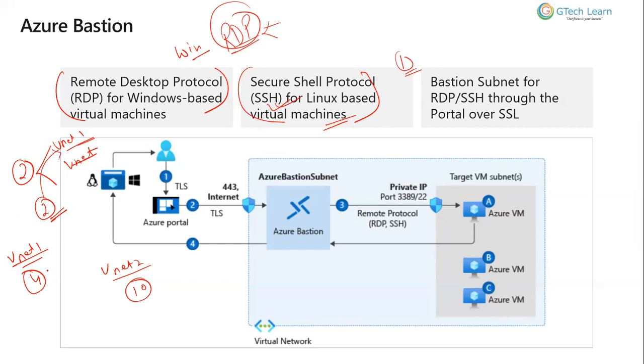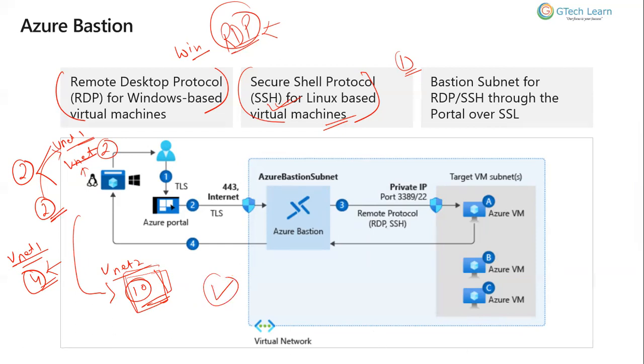The one in VNet 1 is going to be used for all four virtual machines in VNet 1, and the other Azure Bastion deployed into VNet 2 is going to be useful for all 10 virtual machines in virtual network 2. So in a nutshell, we are deploying Azure Bastion per virtual network. That's okay.